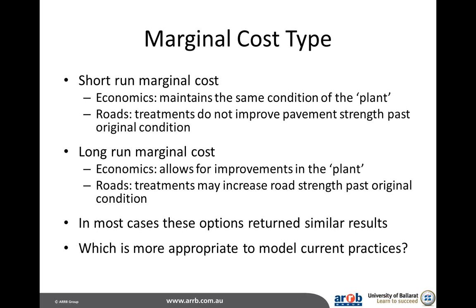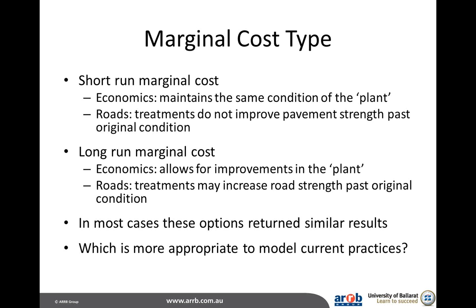As you saw earlier, there were options where the works effect model might increase the strength of the pavement, or it might set it where it was, or allow it to even not increase to its original strength. So we used the works effect models to determine whether it was a short-run or long-run project.